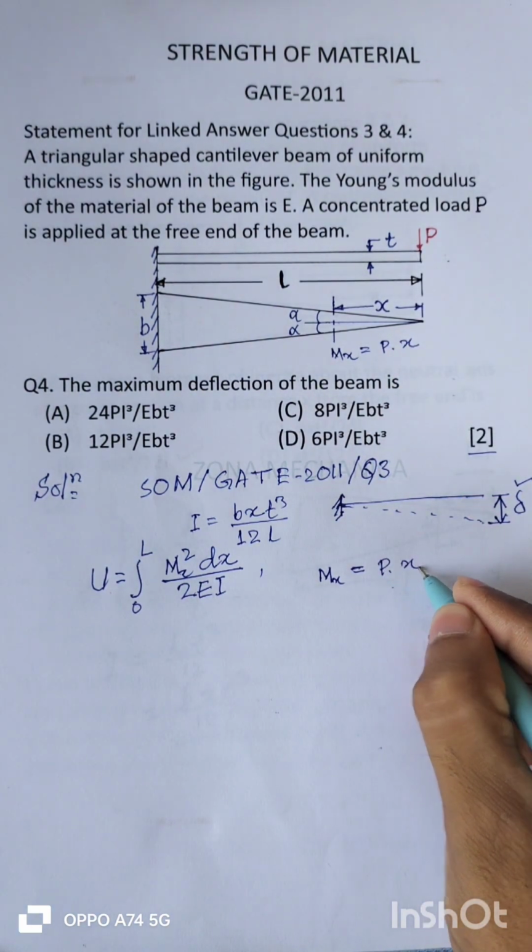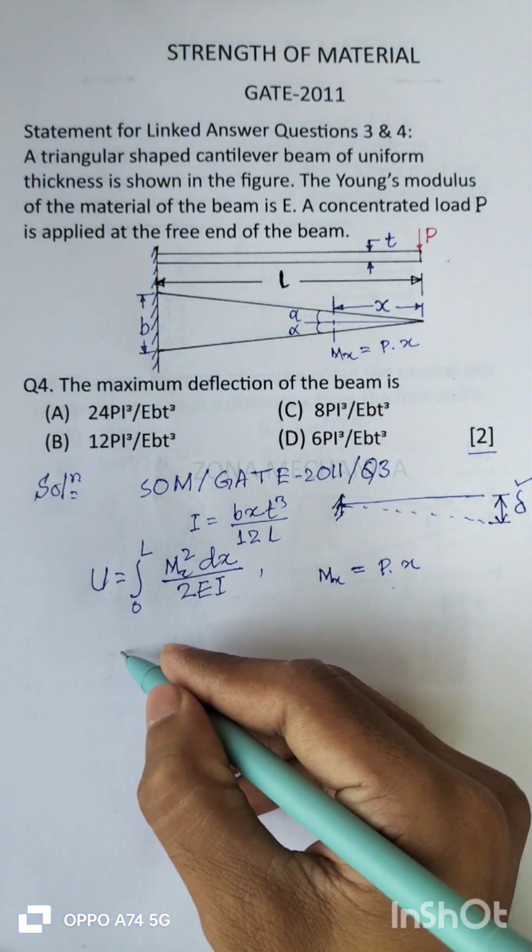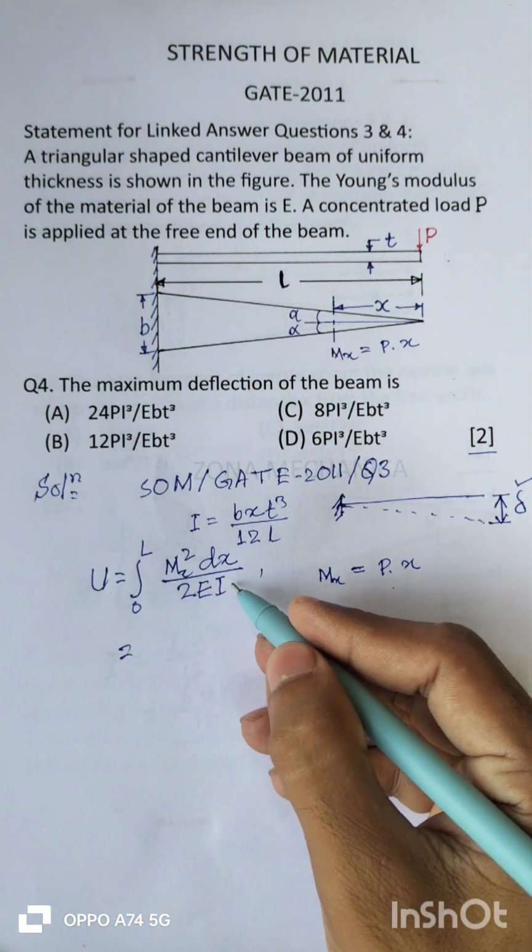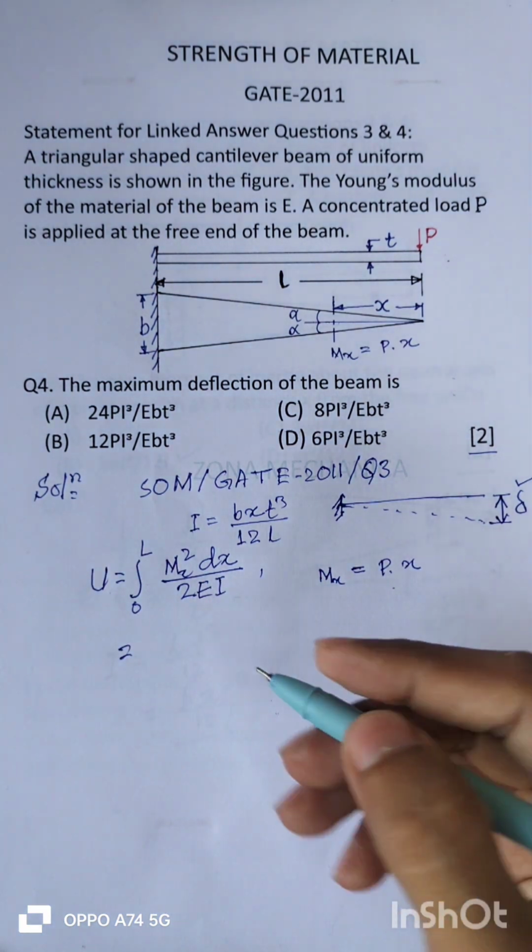P into x, and E and I all bear their usual meanings.